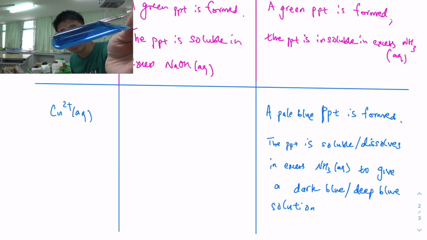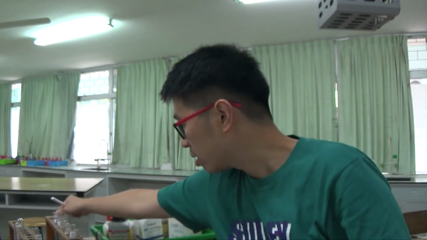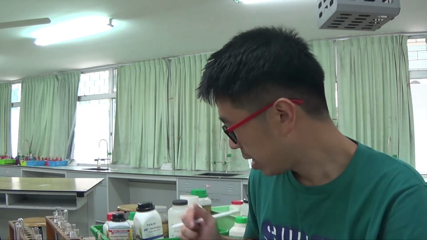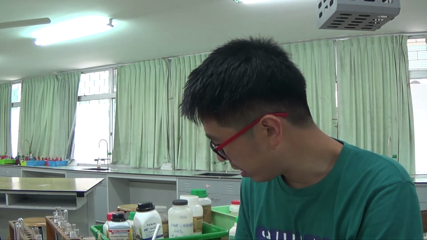Okay, the previous pale blue precipitate is gone. I'll talk more about this in another separate tutorial video where I'll go through the A-level concept involving the specific case study of copper 2. Okay, but I'll just stop there with the qualitative analysis.